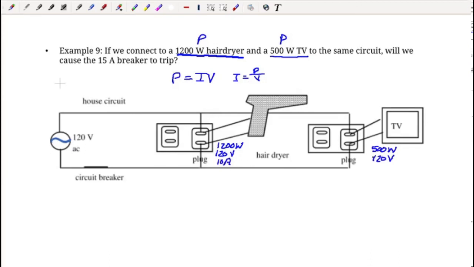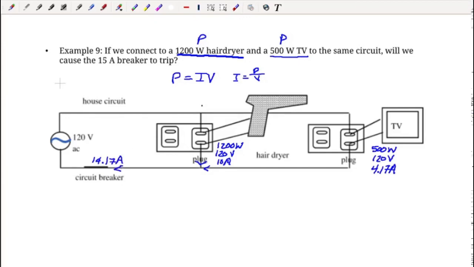And 500 divided by 120 is going to give me 4.17 amps here. So if I've got 10 amps coming down this way and 4.17 coming from this direction, then I'm going to end up with 14.17 amps total by the time I get to the circuit breaker.